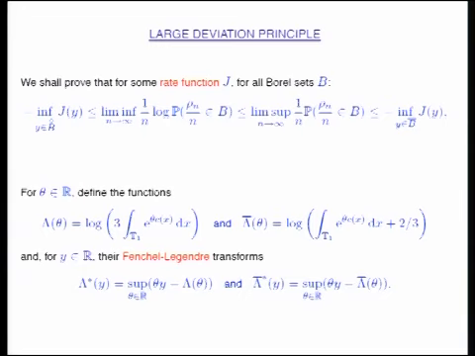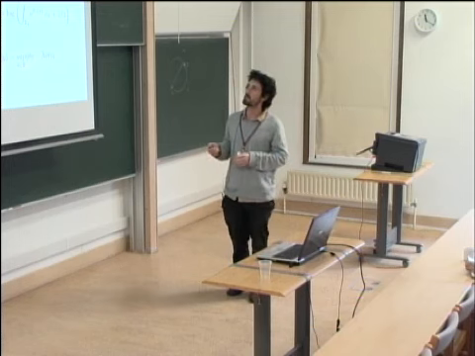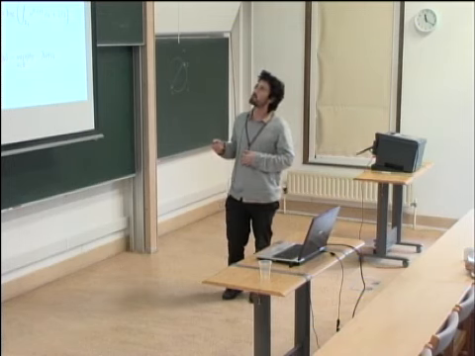For example, you want to compute the probability that rho n over n is larger than 2 times its average.